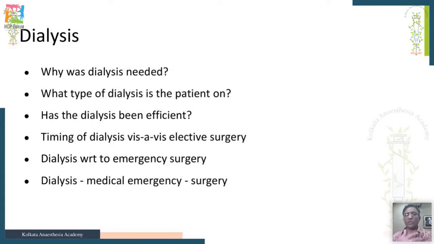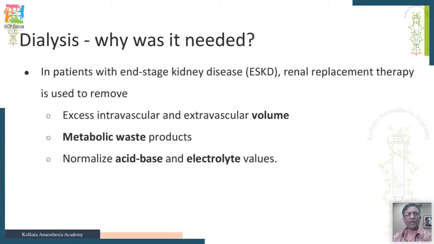And there could be things like a medical emergency, like elevated potassium values, or a bleeding diathesis that you think is happening, and dialysis is going to take place or should take place, and the surgery is to happen as well. So these are the issues that we need to actually delve upon before we embark.